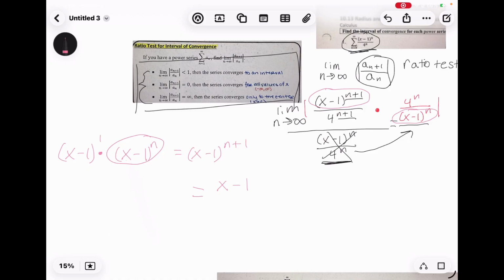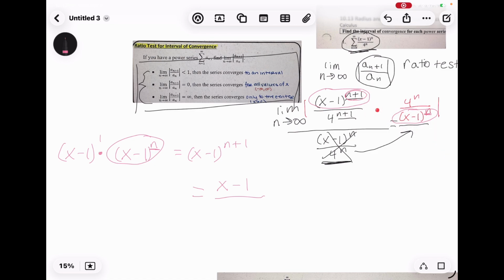And when you multiply exponents, you add them, right? So this is n plus 1. So this is the part that's missing, which is why when you factor it, you get x minus 1 here. And that's the same with any other case, okay? And x minus 1 is actually going to be in my numerator because the n plus 1 is right here. Right? There's one more than this one right here.